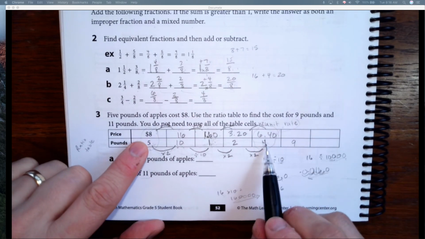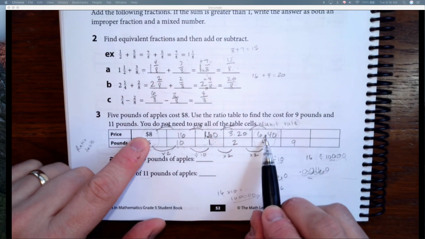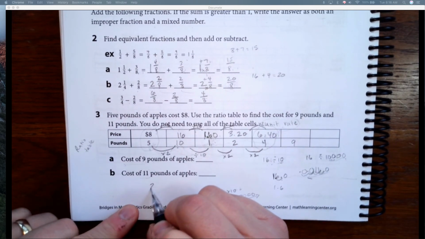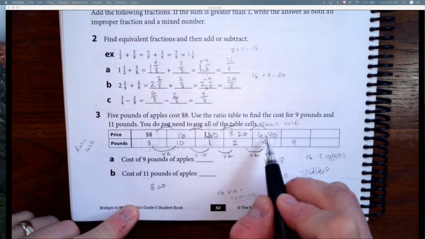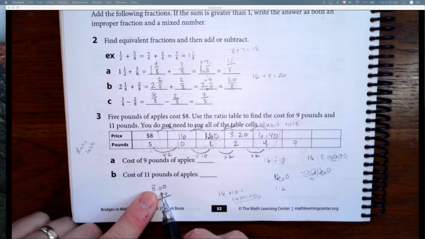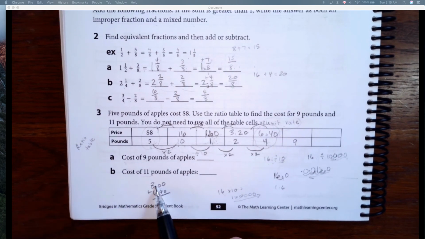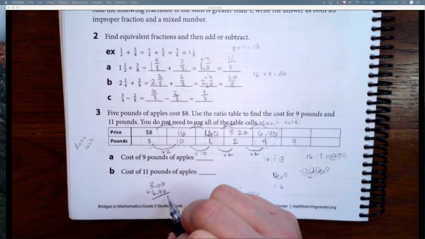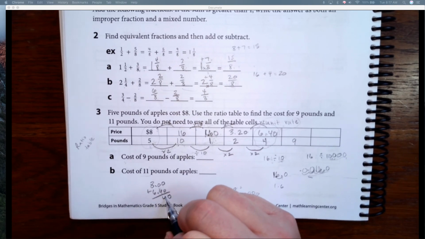Now since I added the bottom 2 columns, I'm going to add the top 2 columns. So I'm going to add $8 plus $6.40. Notice how I put 2 zeros at the end of my $8? Because I did that so it makes it easier for me to see where my place value is and easier for me to add. So 0, 4 plus 0 is 0.